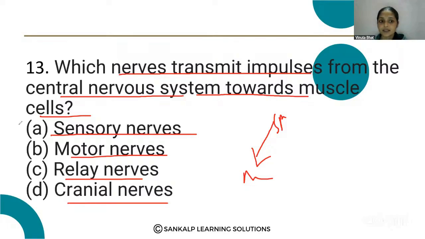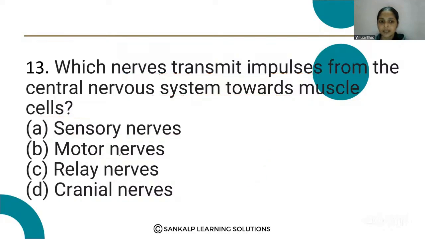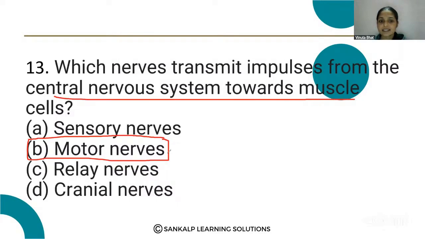The correct option is the motor neurons. Sensory neurons transmit the information from receptor to the central nervous system. But here central nervous system towards the muscle cells, that is the motor neurons. Option B is the correct one.